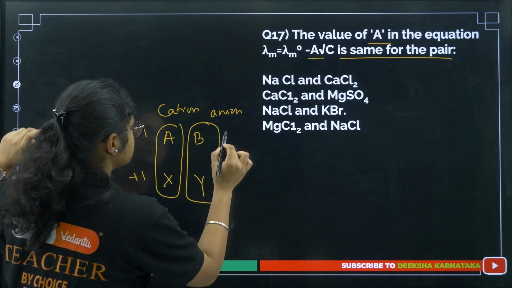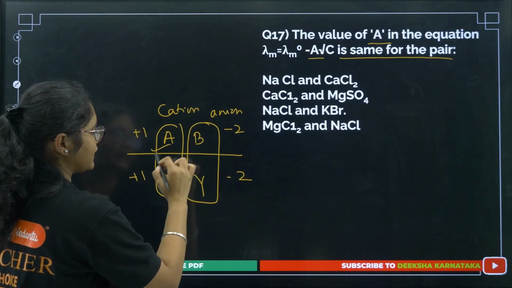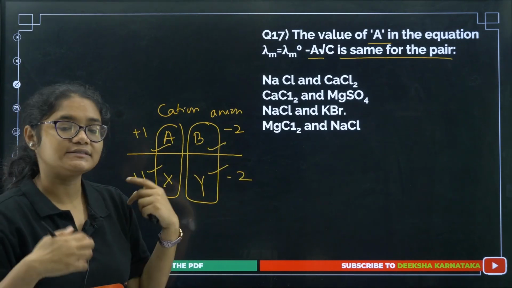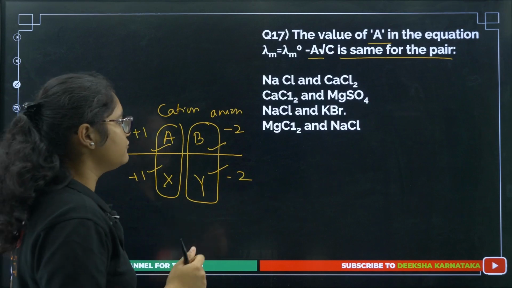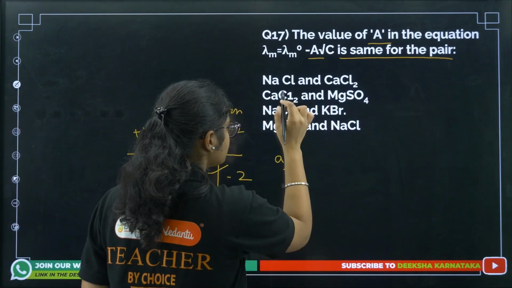So now suppose this is minus 2, this has to be minus 2. So if any pair of electrolytes whose cation charges are same and anion charges are same, they have the same value of A.